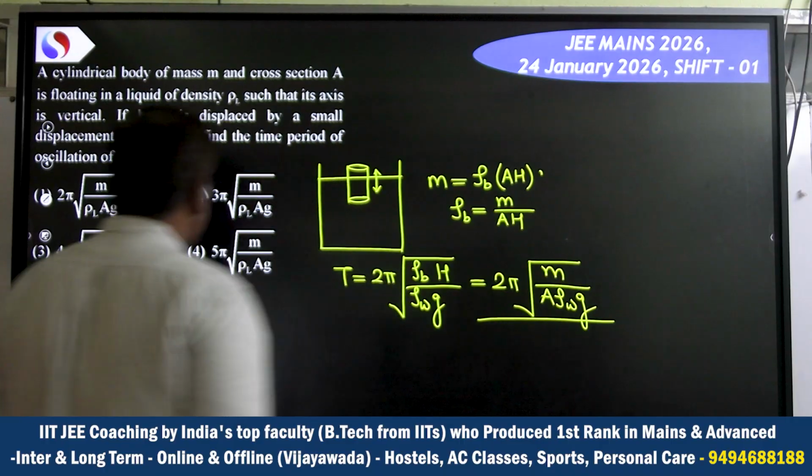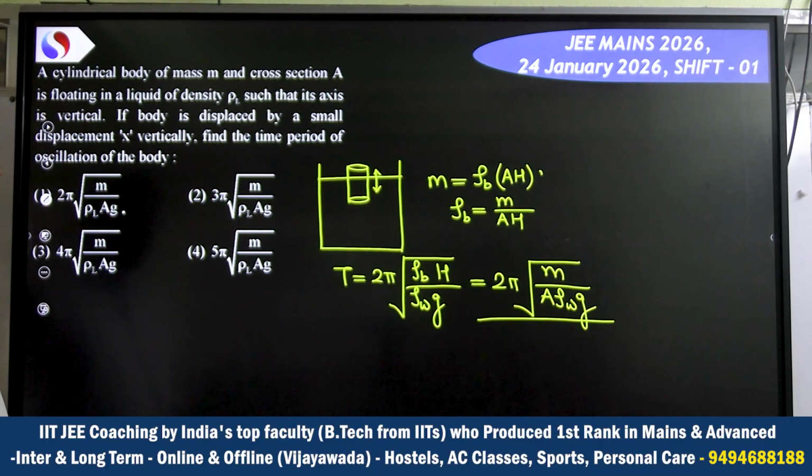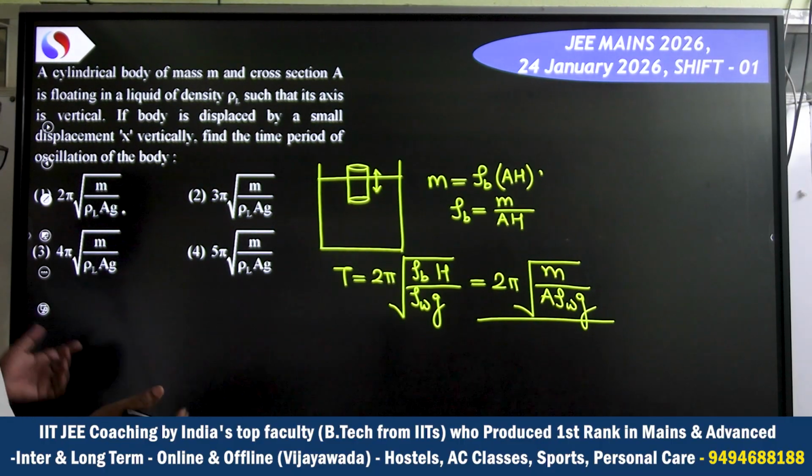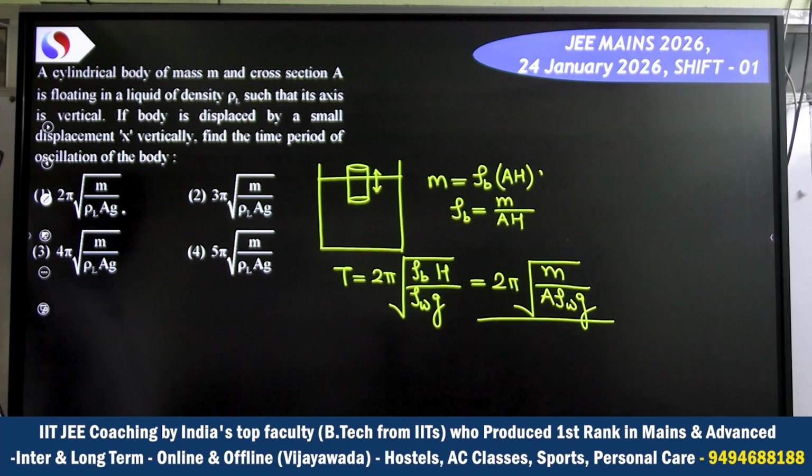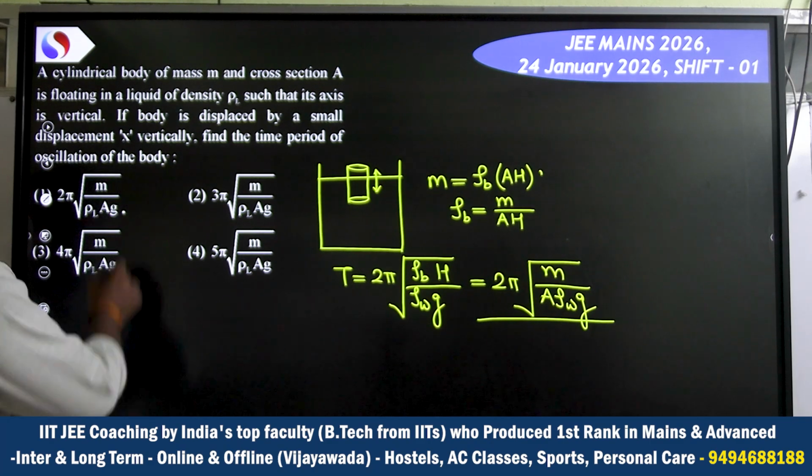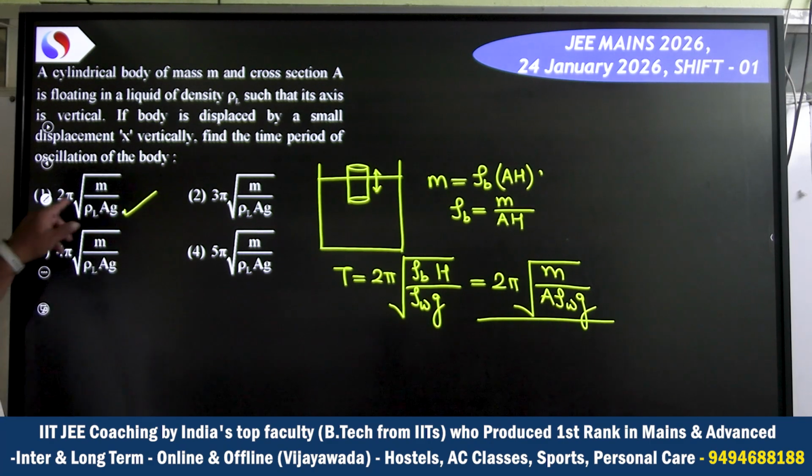That will be your answer for this question. So M by rho w means rho L. Which answer are we going with? The first option, 2 pi M upon rho L Ag. Standard formula.